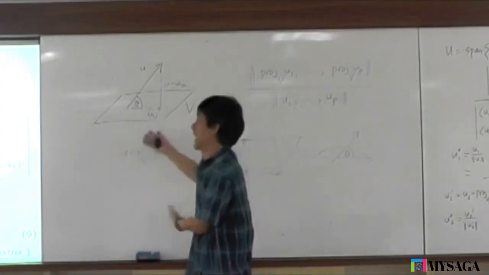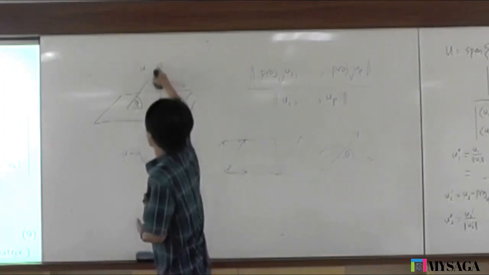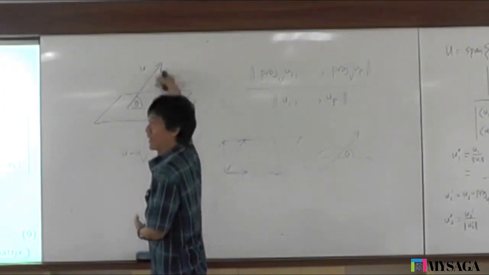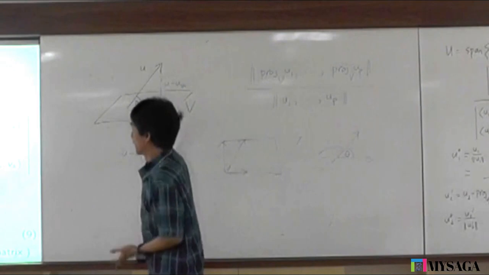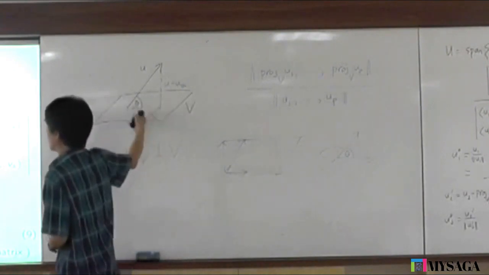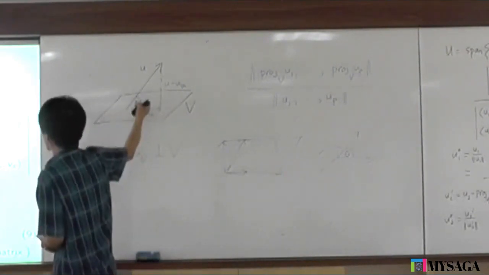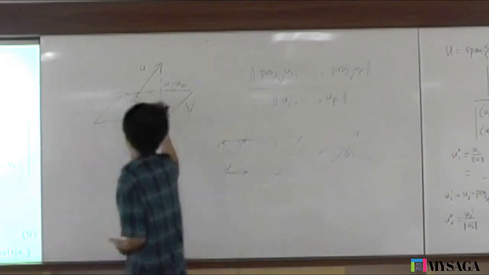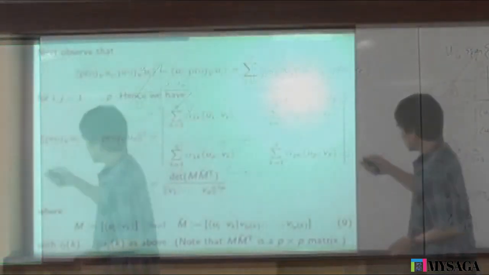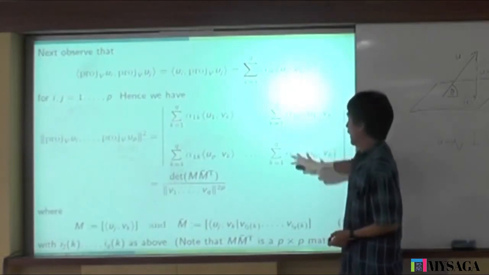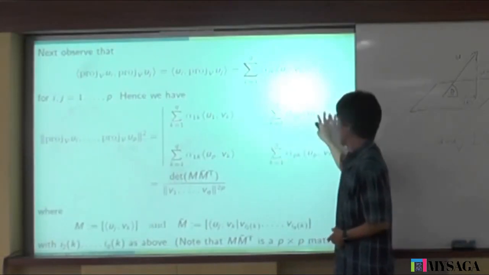So it's like computing the inner product between U and the basis of V and the projection, right? So you get that, and so you get this determinant.